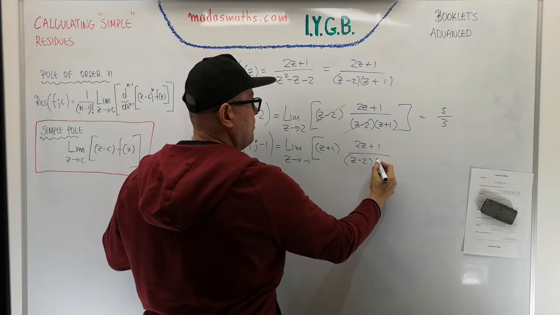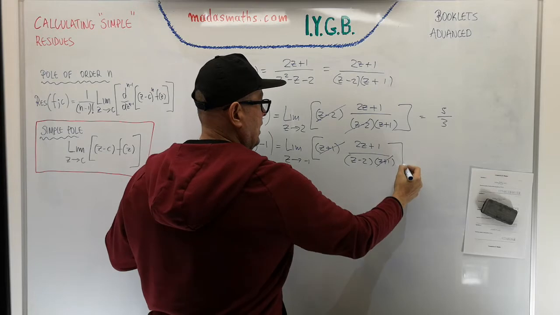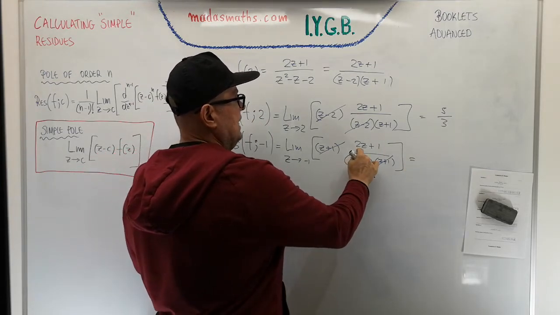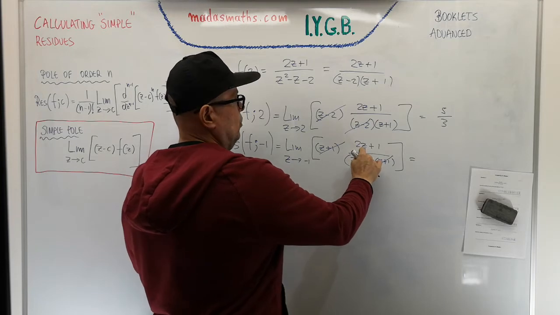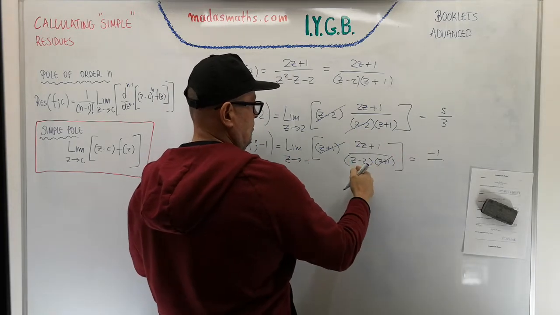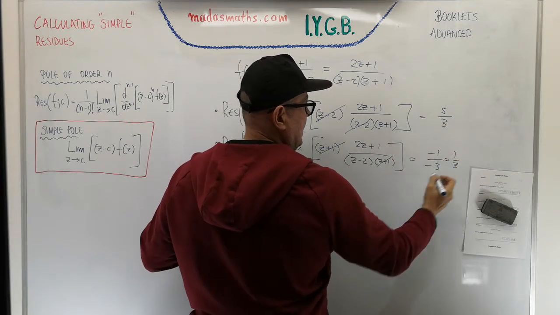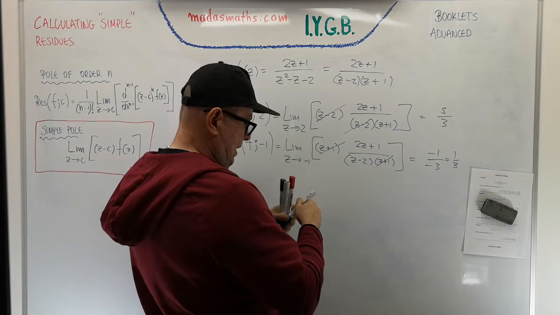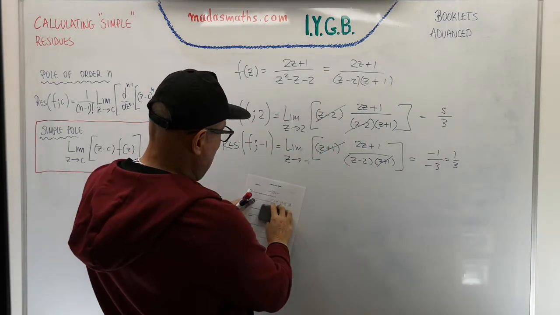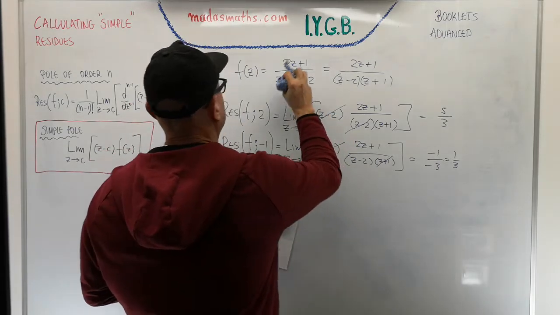This time the other bracket will cancel, z plus 1, and we can evaluate this limit now. Putting in -1, that's -2 plus 1, so -1 on the top, and at the bottom is -1 minus 2, which is -3, and the answer for this one is 1/3. Watch it, because I'm a little bit error prone with these calculations. I check my answers here, and they are correct. So that's question number 1 done.